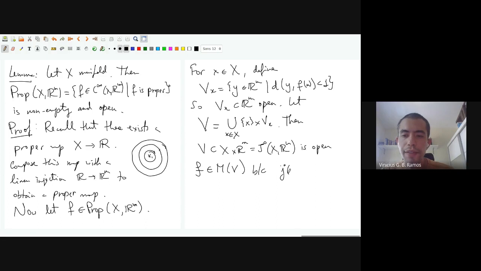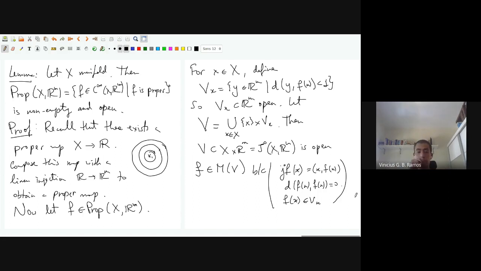This is kind of tautological: this is x and f of x, and the distance between f of x and f of x is 0. So f of x is the center of the ball, so f of x belongs to Vx.